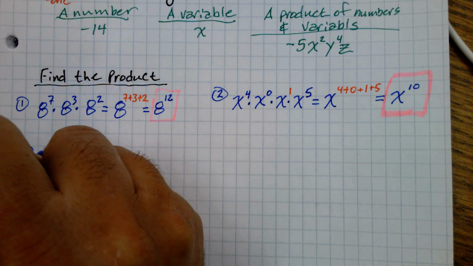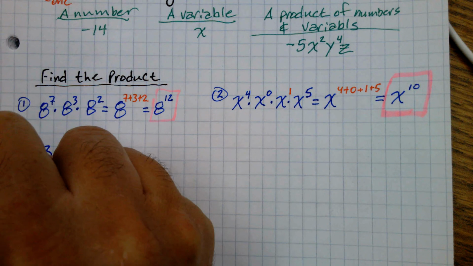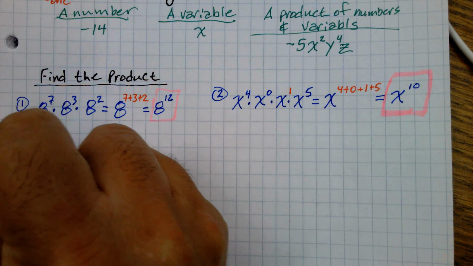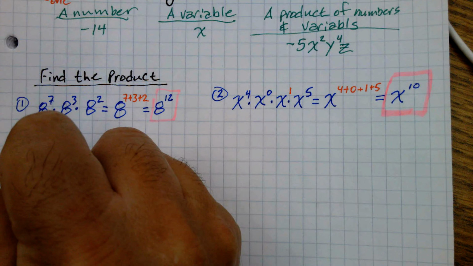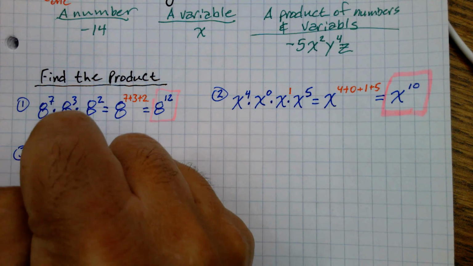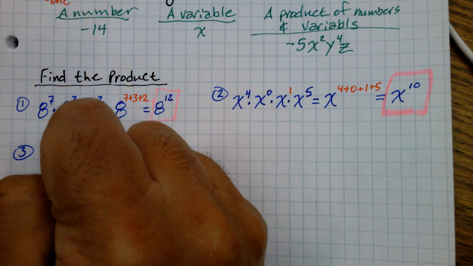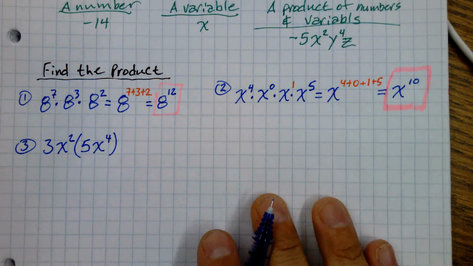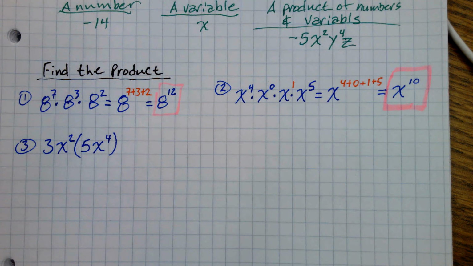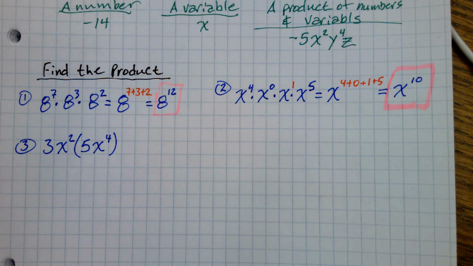And let's say we have 3x squared. And we're going to multiply it by 5x to the 4th. So here's one monomial, 3x squared. We're going to multiply it with another monomial, 5x to the 4th.